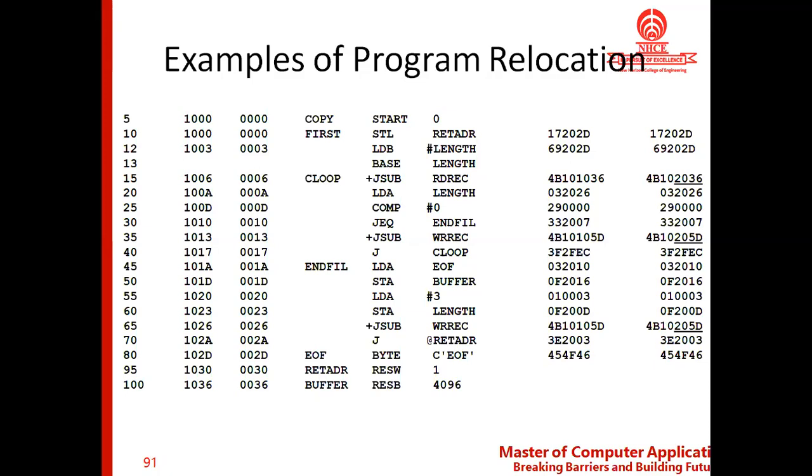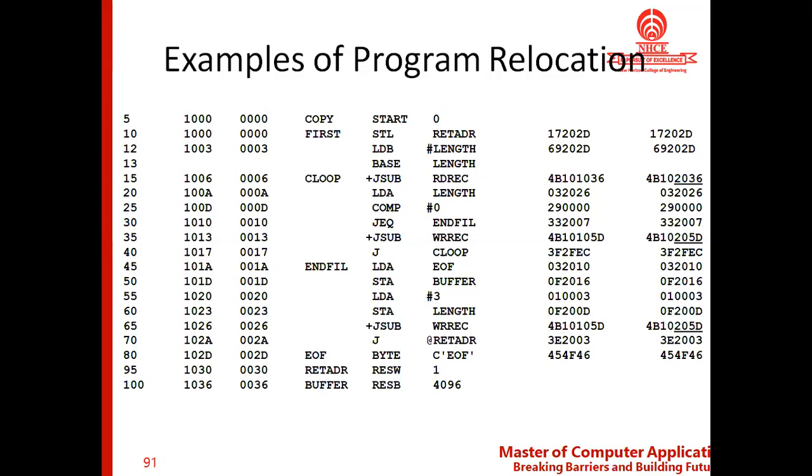the address field contains 20 bits. So in the object code 4B101036, 01036 is your address field.